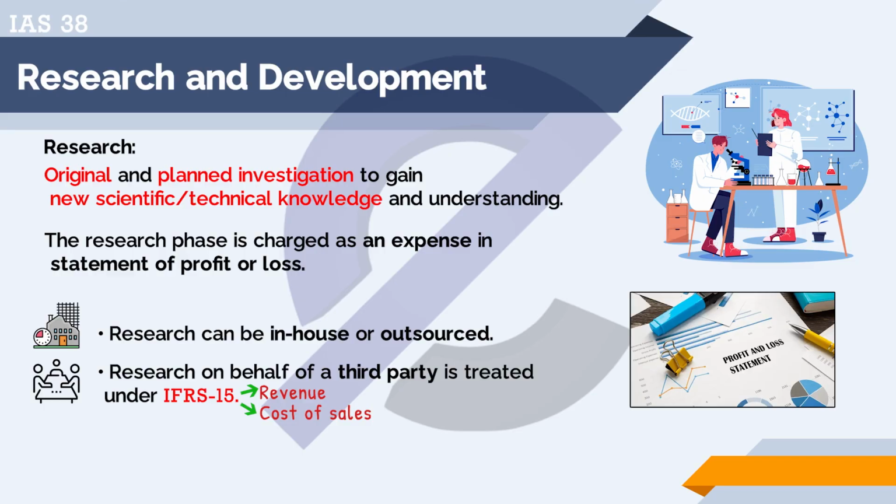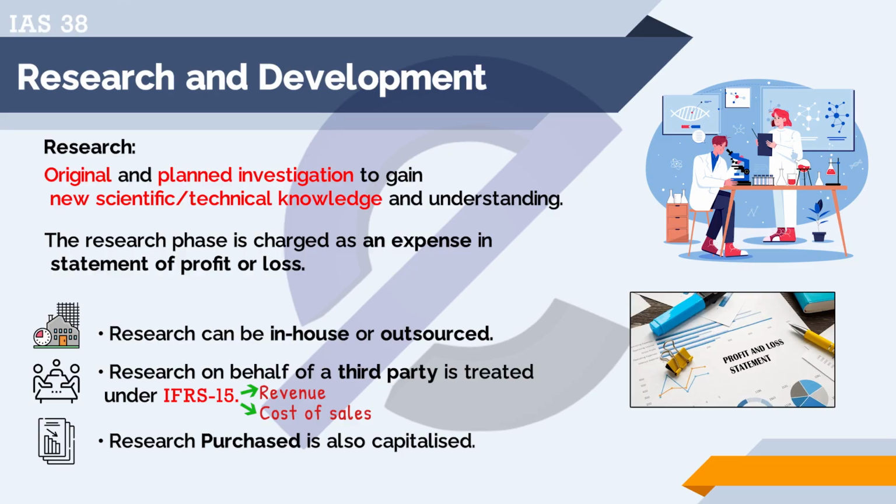For your company, it is going to be a service provision for which you are going to recognize revenue under IFRS 15. If you have purchased a certain research from a third party, then that is going to be capitalized in your financial statements as an intangible asset, because now it is a separable asset which meets the definition of intangible asset under IAS 38.